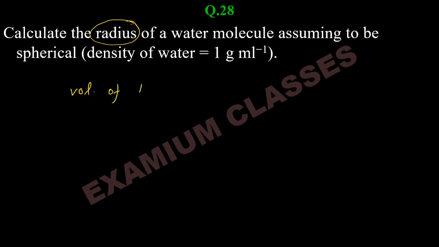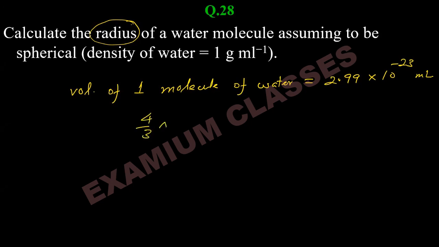Volume of one molecule of water is equal to 2.99 into 10 power minus 23 milliliters. It means this volume is 4 by 3 pi r cube. It is given, consider it purely spherical, and you know the volume of a sphere is 4 by 3 pi r cube, equal to 2.99 into 10 to the power minus 23.